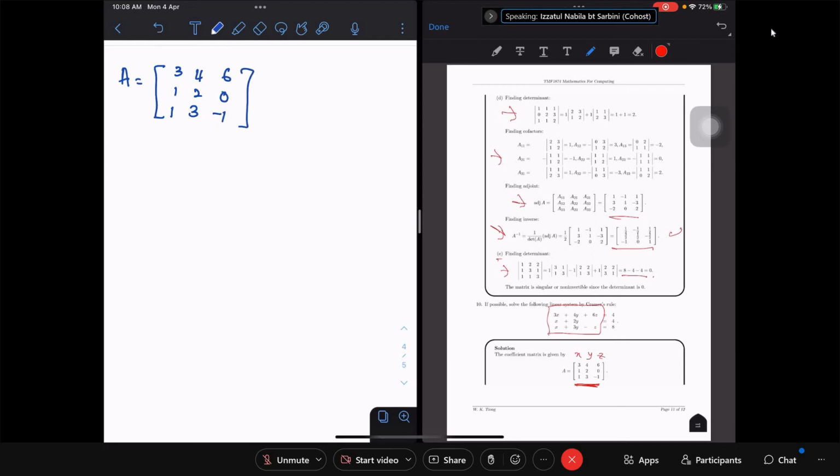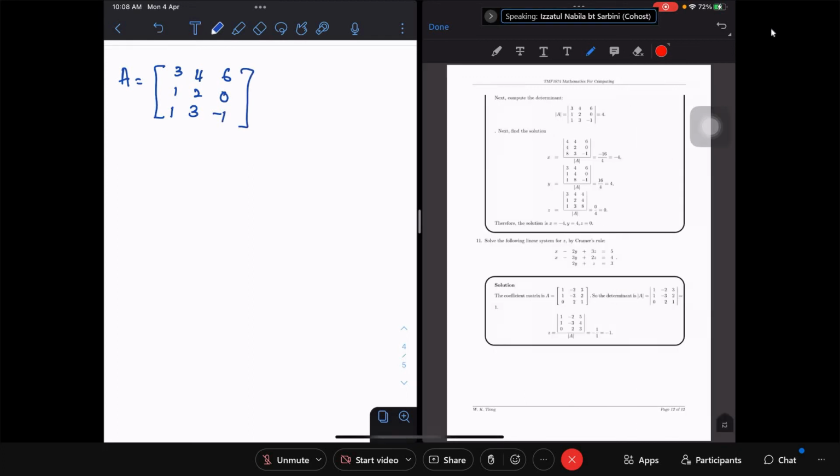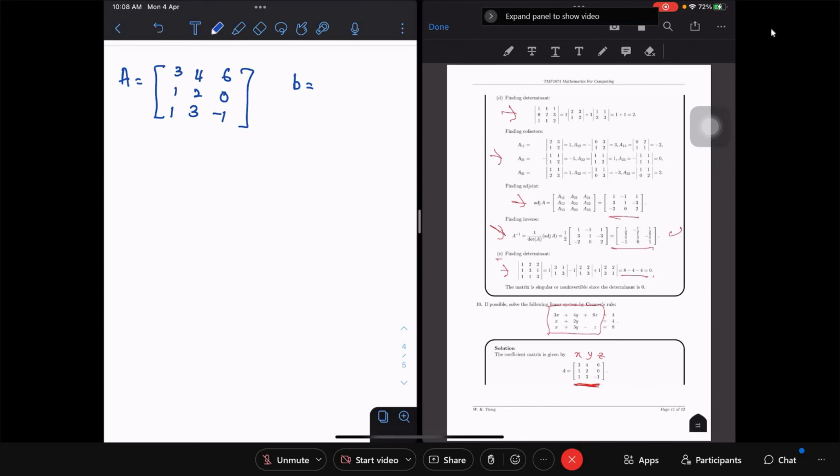And you need to know what the B matrix is as well. The B matrix is the answers here. So the B matrix is 4, 4, 8.